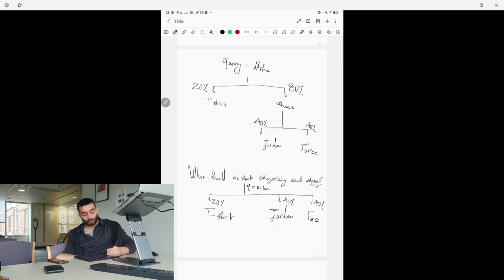Maybe you can say, alright, Jordan also is red and blue, or based on the model, based on the year or whatever. How should we choose this tree? Right? Like this is 20%, 20%.